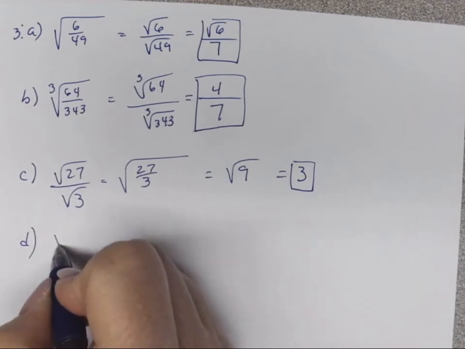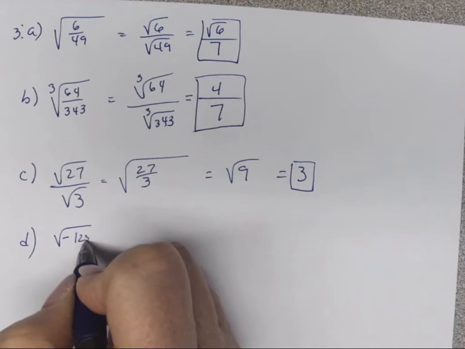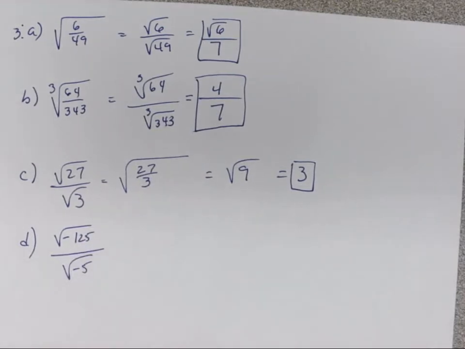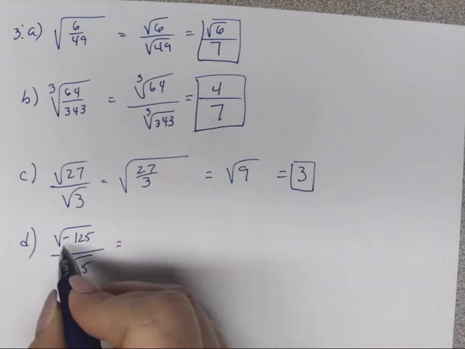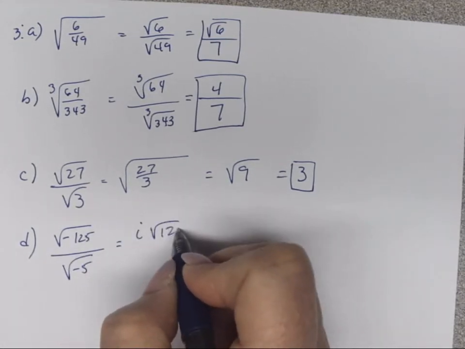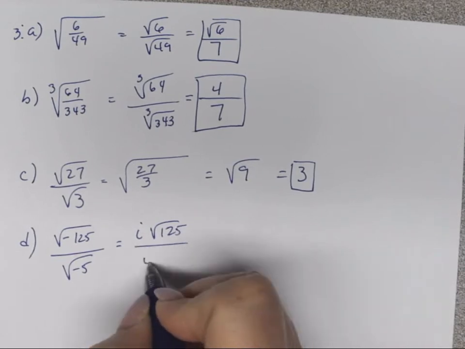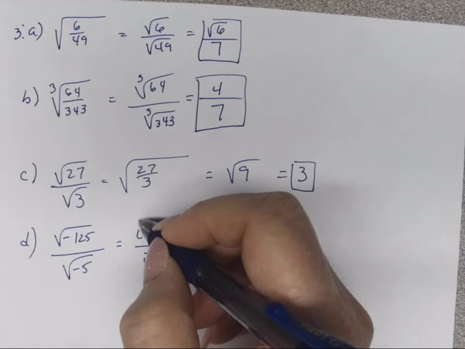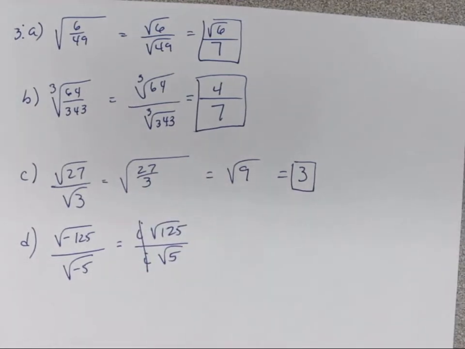If I have the square root of negative 125 over the square root of negative 5, I need to pull out the i. Square root of 125 over i square root of 5. The i's here will cancel out.